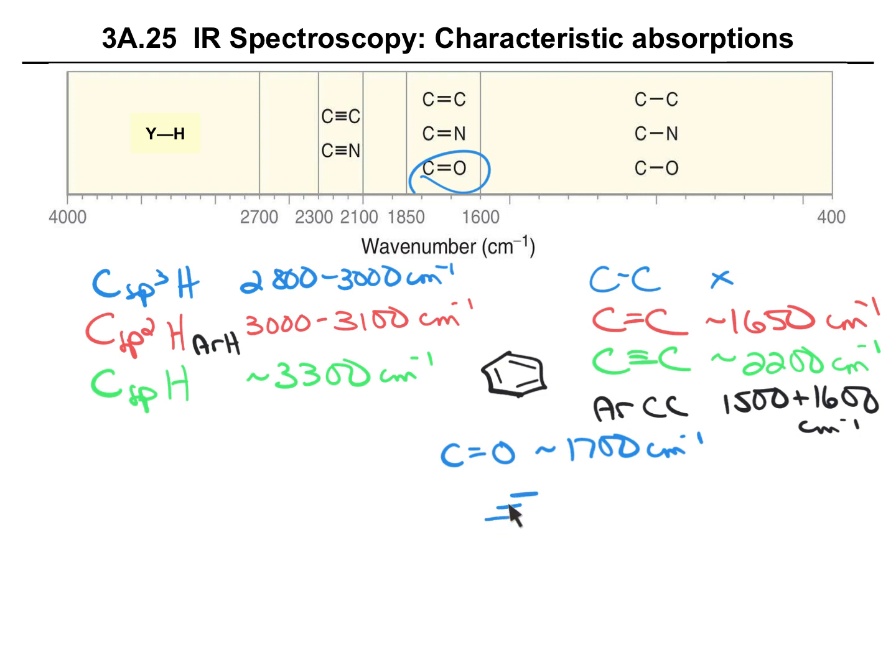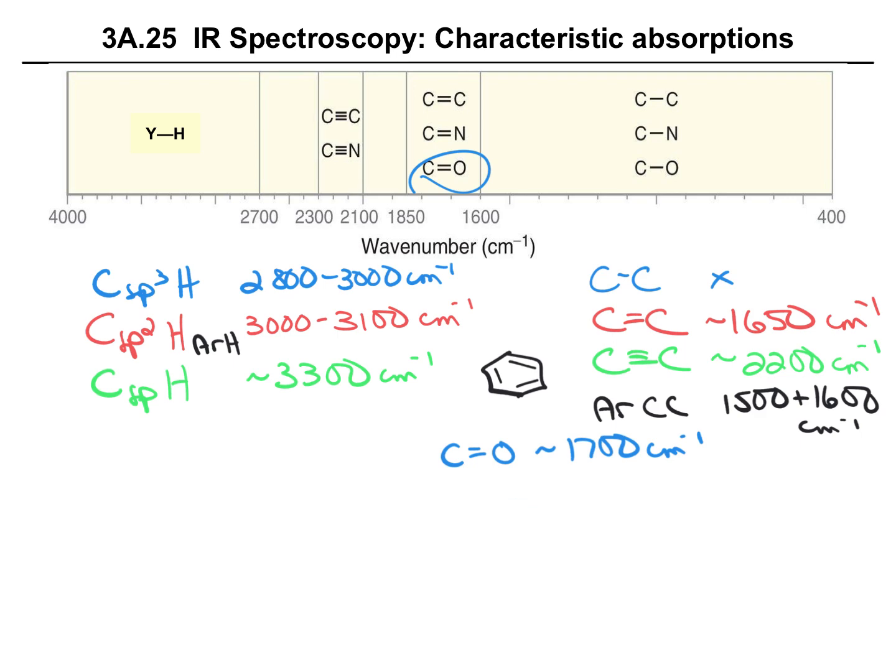So I don't think it's very easy to use the exact carbonyl absorption frequency and use that to figure out what type of compound it is. So instead, what I recommend is that you identify your carbonyl, and then you look for evidence elsewhere to figure out whether that carbonyl is part of an aldehyde or part of an acid or part of an ester.